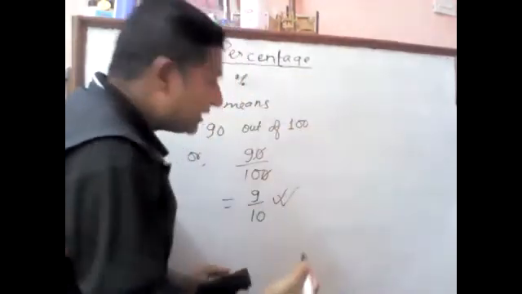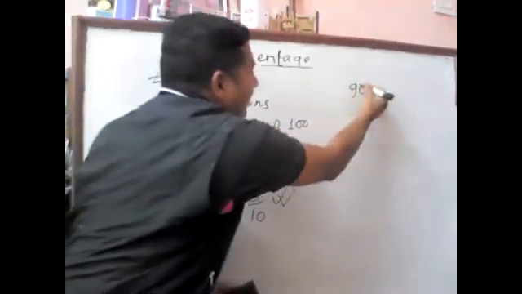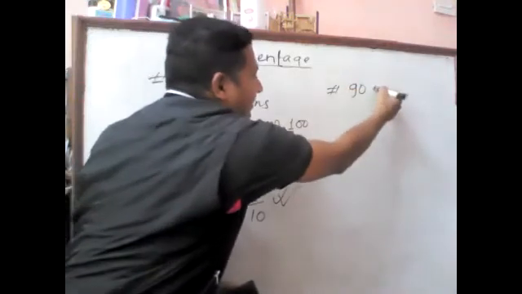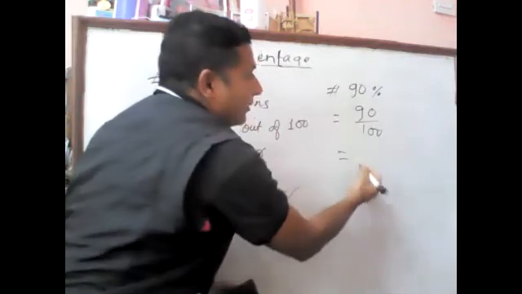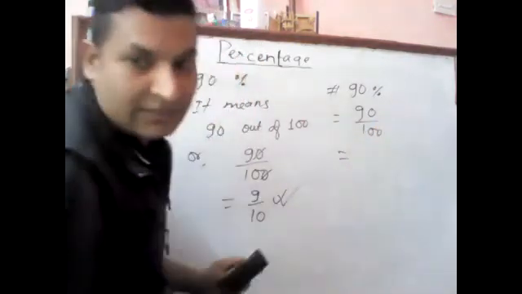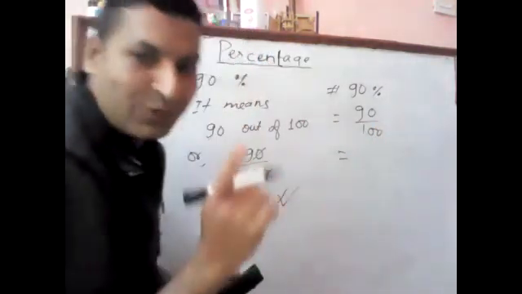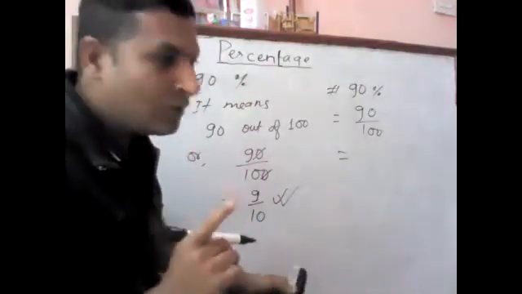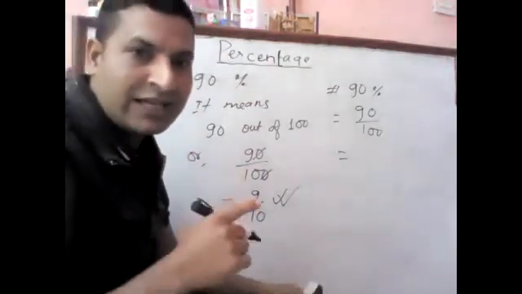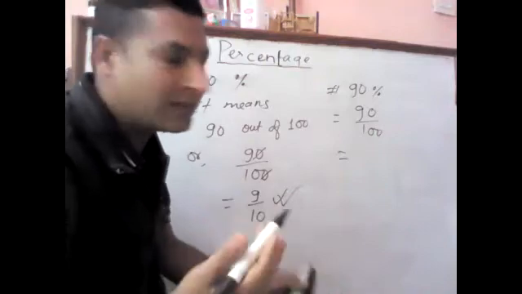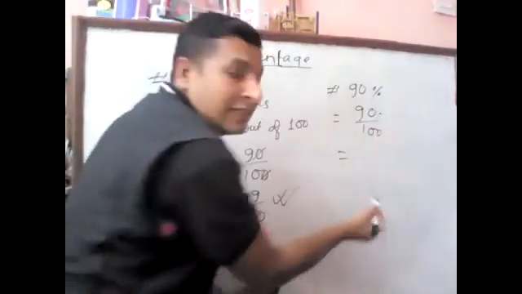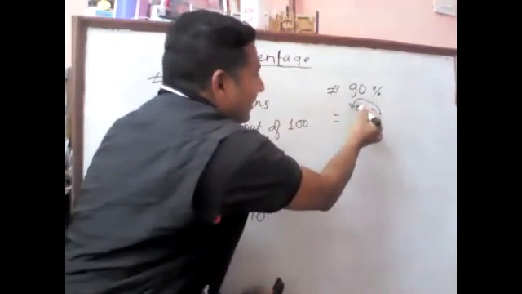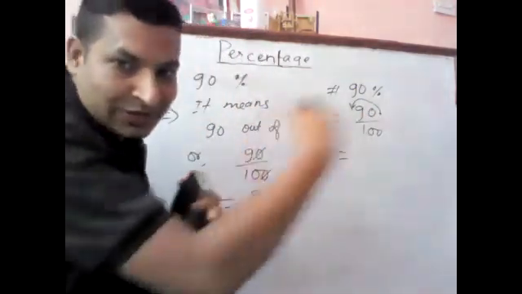Similarly, how to convert into decimal? 90% is equal to 90 out of 100. Here the decimal is at the last. While dividing by 10, 100, 1000, with 1 and zeros, the decimal goes left. While multiplying, the decimal goes right side.